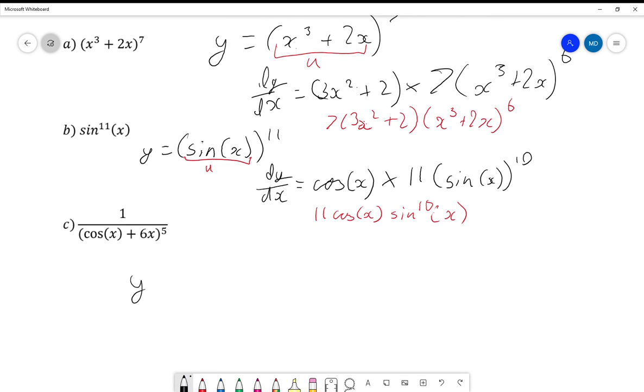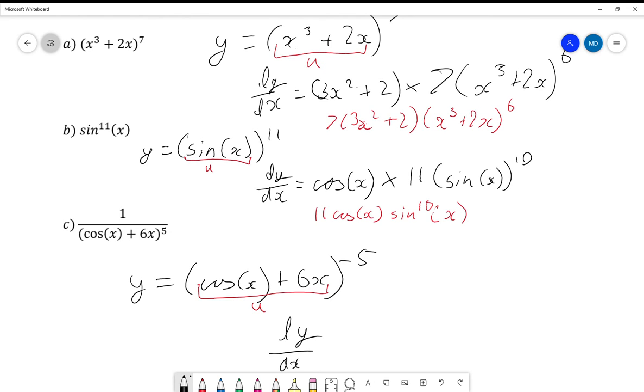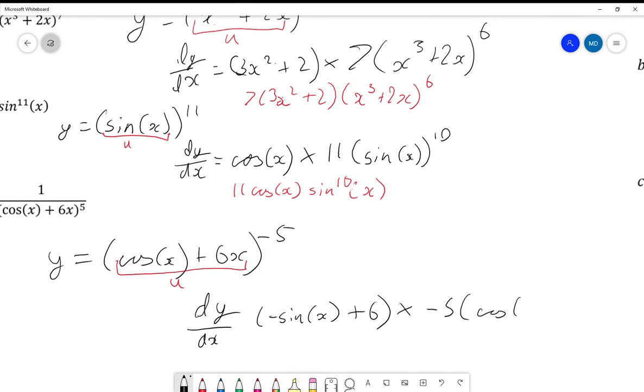Okay, now last one. First of all, we're going to want to write this with a negative power. So this is going to be y equals (cosine of x plus 6x) all to the power of negative 5. And our u is going to be the bit in the middle again. And so we're going to get dy by dx is the derivative of the u, which is negative sine x plus 6, all multiplied by the derivative of the outside, which is negative 5 lots of (cosine x plus 6x) all to the power of negative 6.